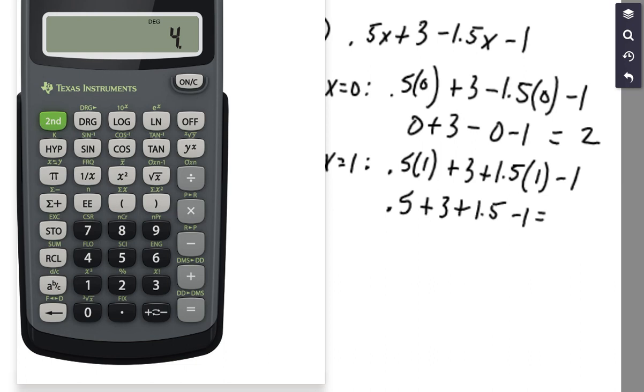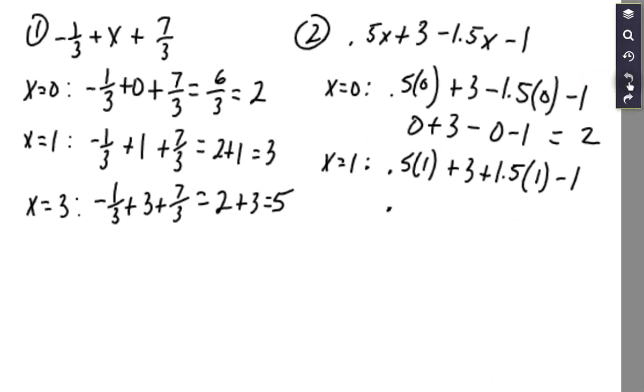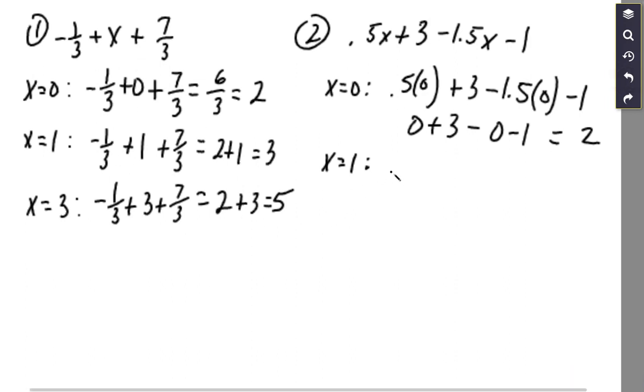So let's evaluate that for x equals 1. So that's going to be 0.5 times 1 plus 3 minus 1.5 times 1 minus 1.